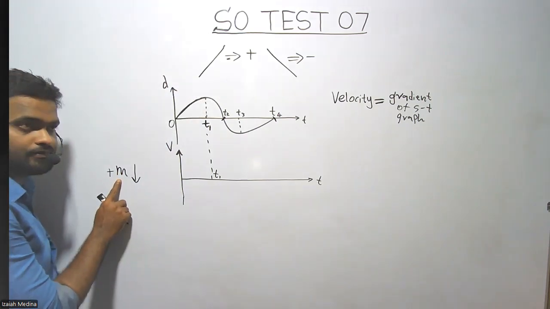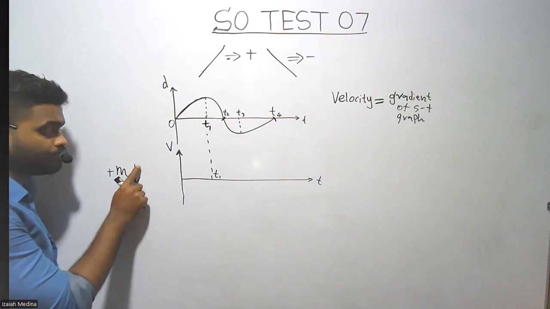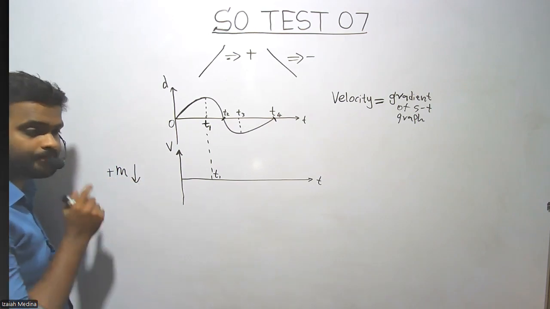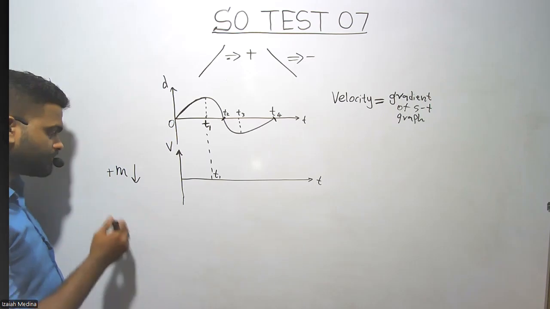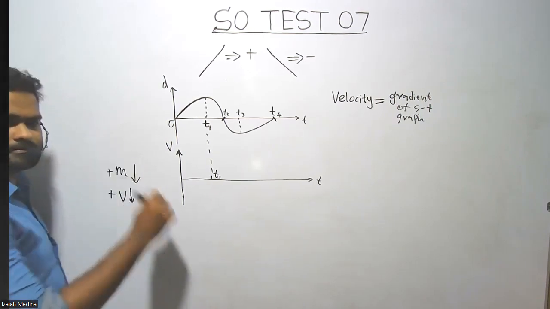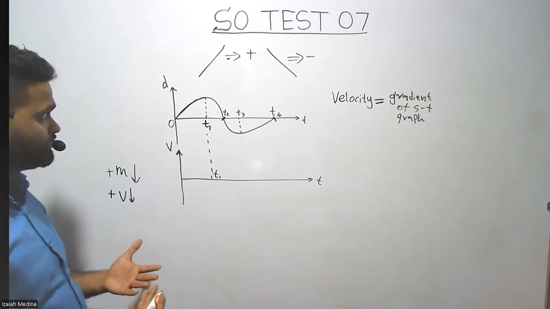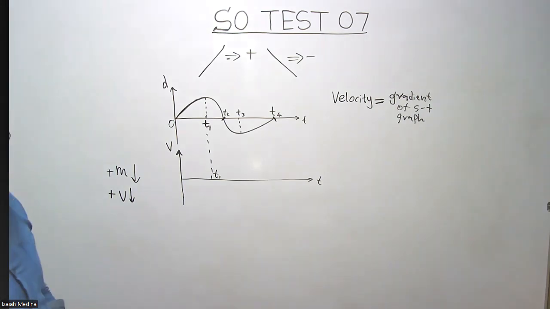So you have to first figure out whether it is positive or negative. So it is positive and the positive gradient is decreasing. What does it mean? Positive velocity is decreasing. That's what it means. So we need to have a positive velocity here.